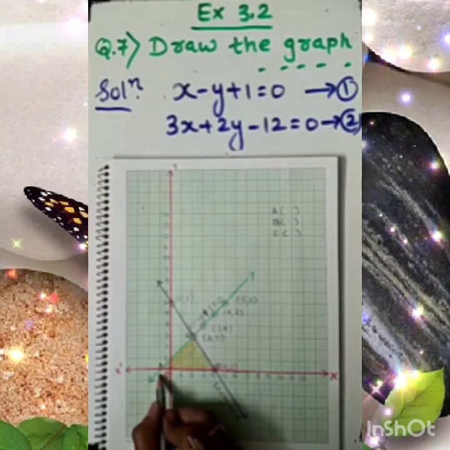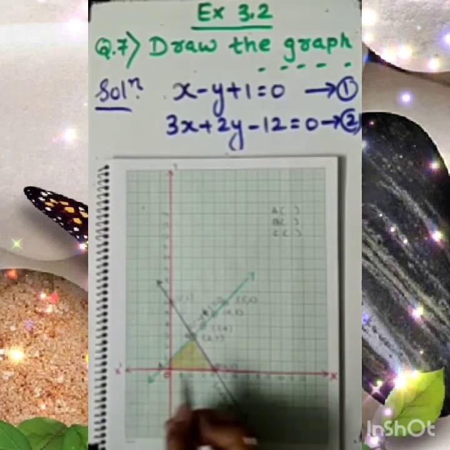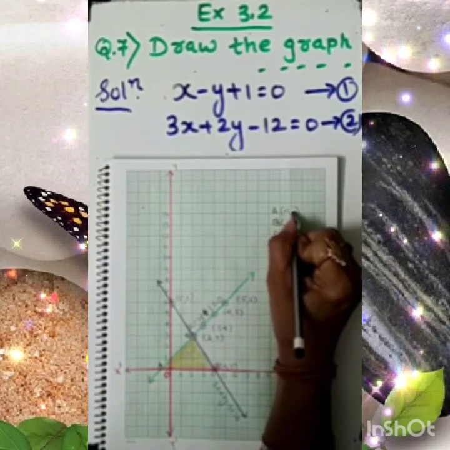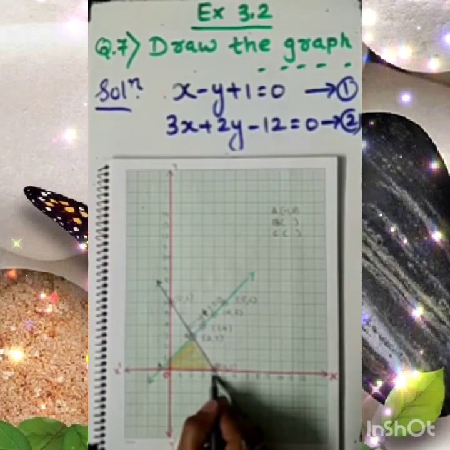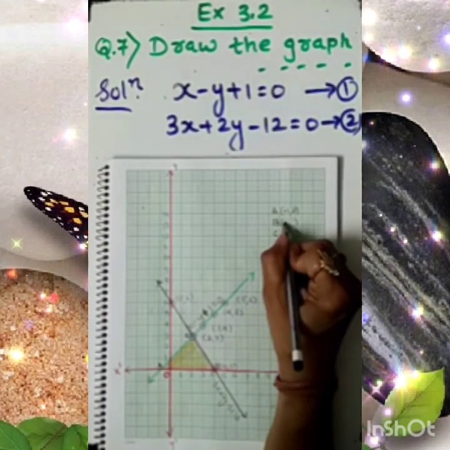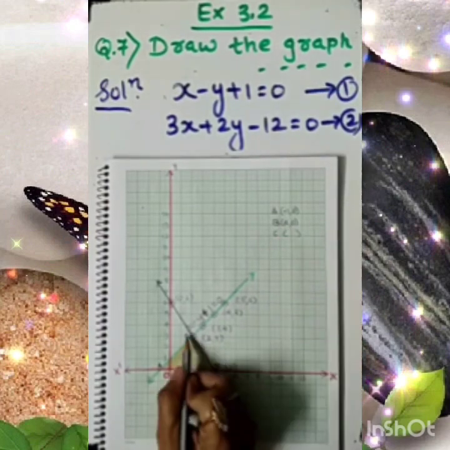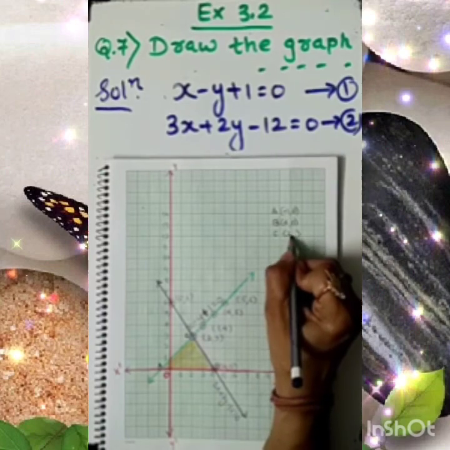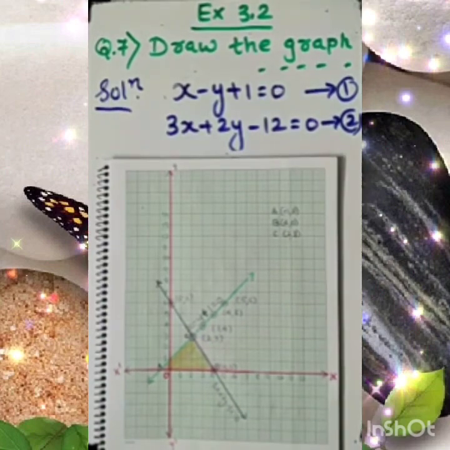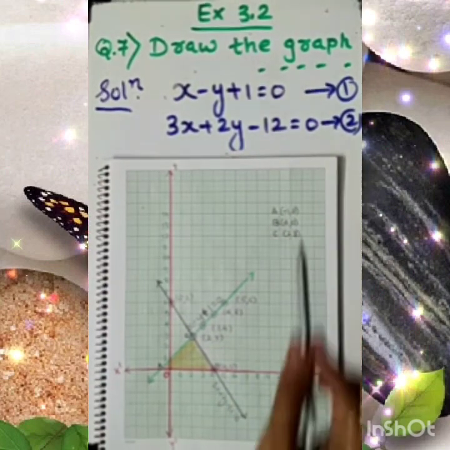Coordinates of this point are 4, comma 0. It is already mentioned. I am taking it as B. And the C point I am taking this, so the coordinates will be 2, comma 3. Clear to you?